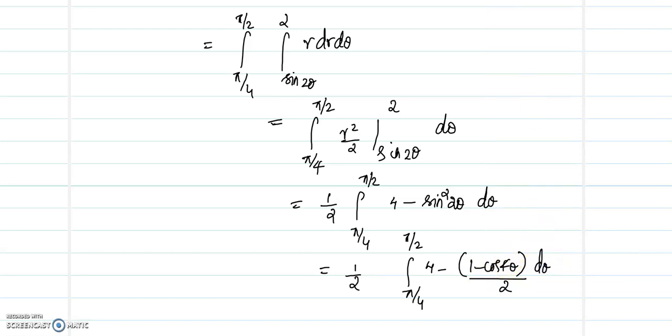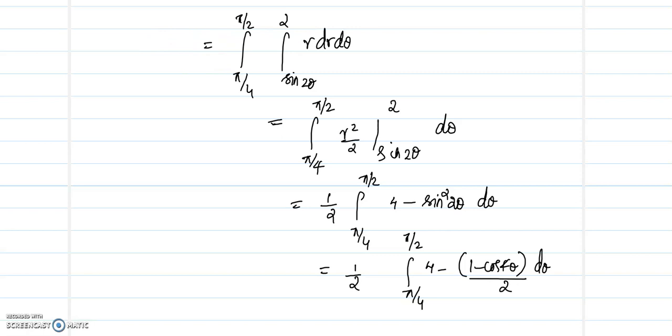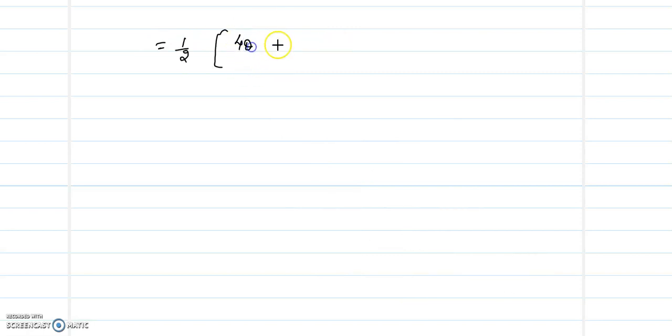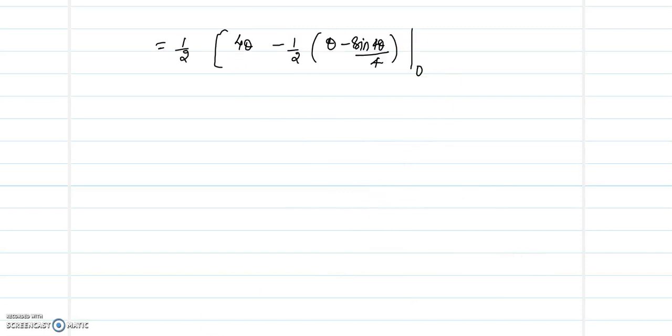Now upon integrating we will get 1 by 2, 4 theta minus 1 by 2 into theta minus sine 4 theta by 4, with limits pi by 4 to pi by 2.